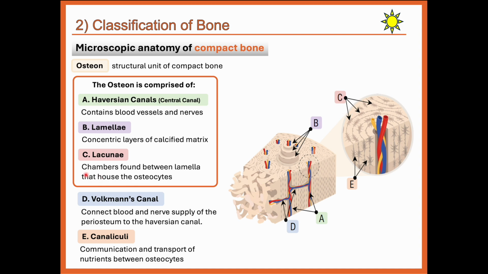We talked about them a bit. They're little chambers, little cute houses where the bone cells live, okay? So they're chambers found between the lamellae, between the little hard matrix, you find these lacunae, and they have a little osteocyte that lives inside of it.